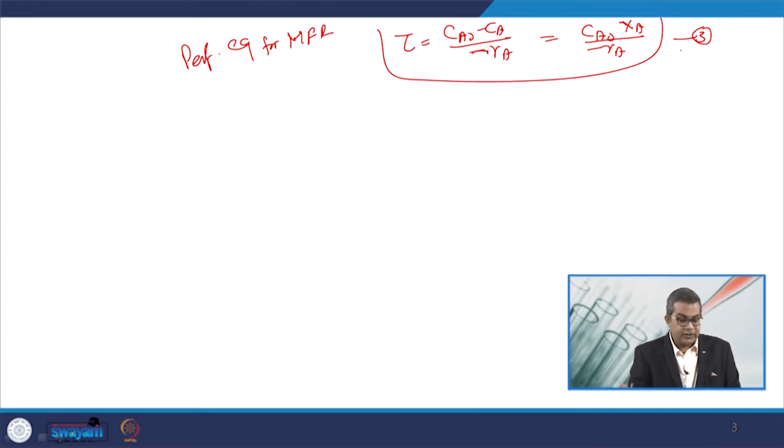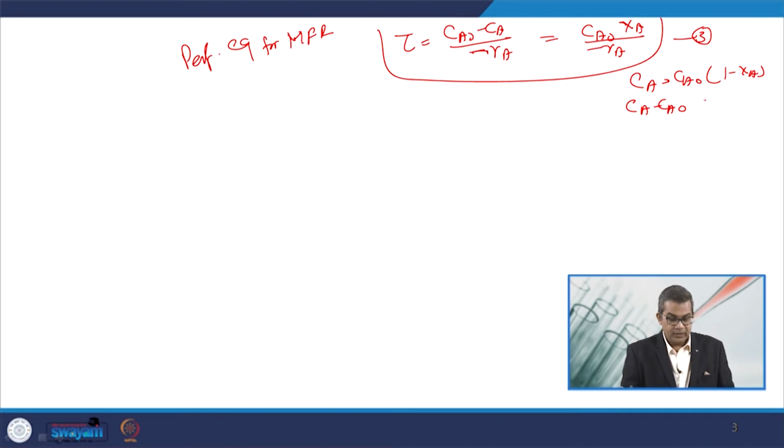Now how can we achieve this? Ca is equal to Ca naught into 1 minus Xa, and that comes out to be Ca minus Ca naught equal to minus Ca naught Xa, so Ca naught Xa is equal to Ca naught minus Ca.